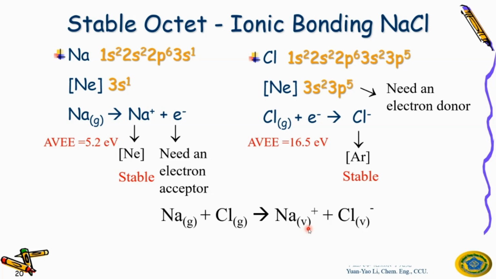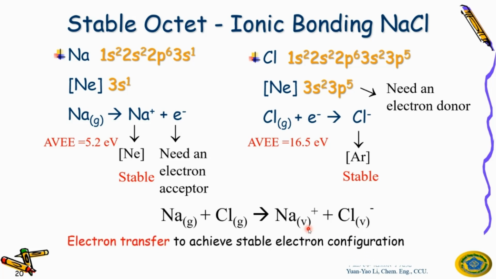I don't want to tell you. Please go home and check your lecture notes. When do you call it gas? When do you call it vapor? Okay, so you know we do the electron transfer to achieve the stable electron configuration.